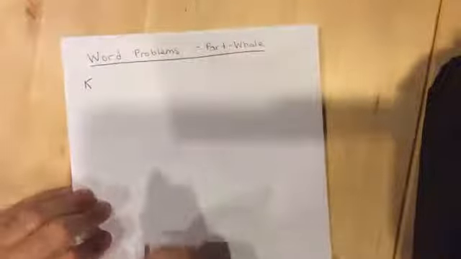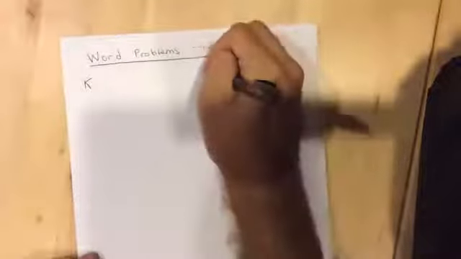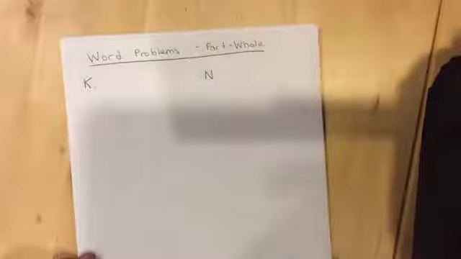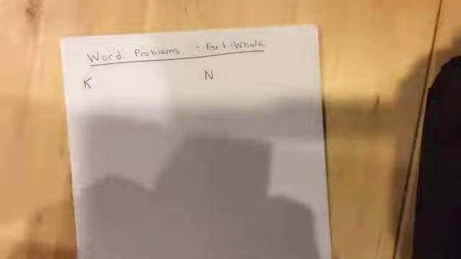So the first thing that we were going to do is write K, that's the information that we know, and then N, the information that we do not know. Again, by looking at our problem, we see that Mrs. Ward baked 840 cookies. That's the first piece of information that we have, 840 cookies.